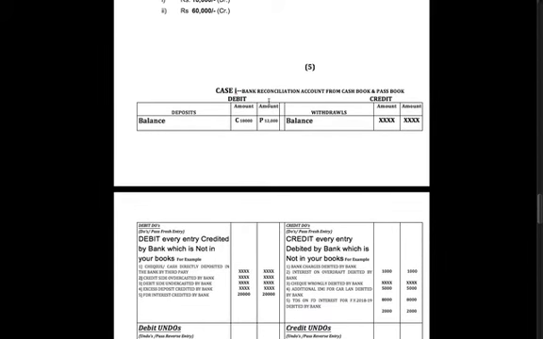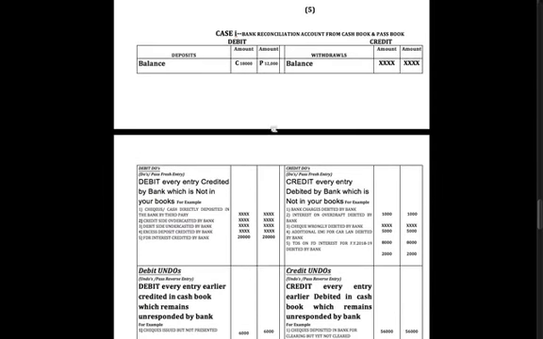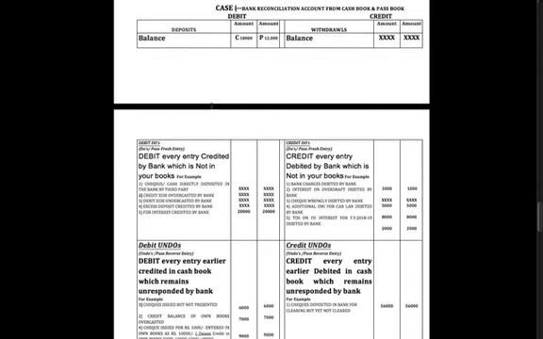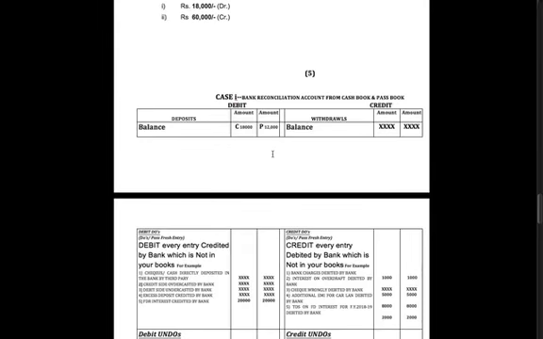Now let us take this as an opening starting point. P, 12,000 debit side. Okay, we start. So all the entries will again appear like this, the do's and undo's of the earlier question. They will just appear on the side they appeared when the starting balance was from cash book.